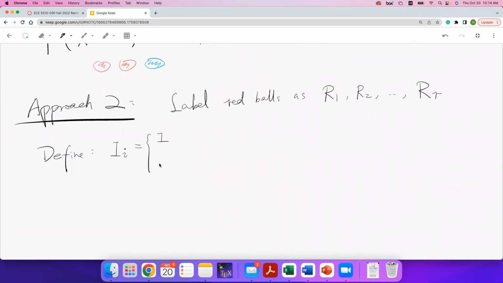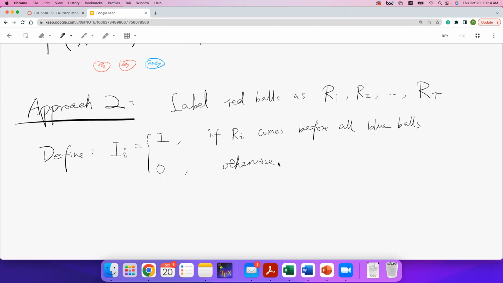Otherwise, it's set to 0. Okay. So I set this indicator to help me count how many red balls we selected before the blue ball. So I_i will be set to 1 if the ith red ball comes before all blue balls, and 0 otherwise. Okay.